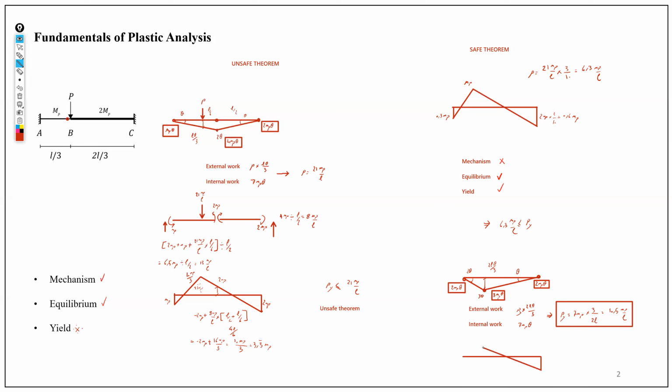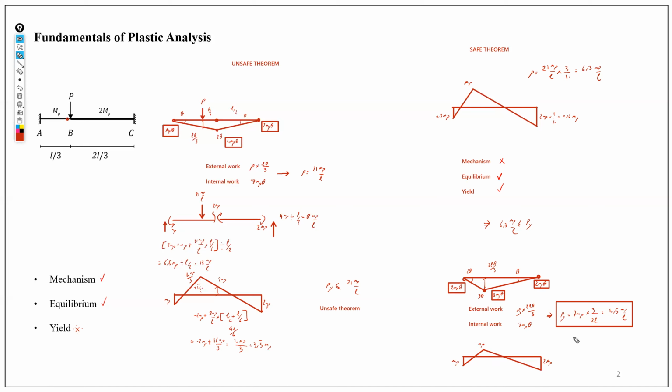For here it will be MP, half of this, and also negative MP here. 2 MP. Because we have only one load applied here, the moment changes linearly between these 2 points. When here we have one plastic hinge with 2 MP and MP, then it goes linearly between these two. We can be sure that it doesn't violate at some points.